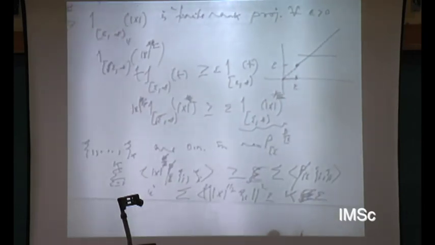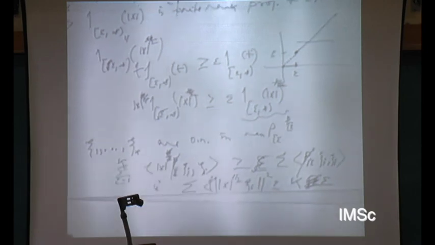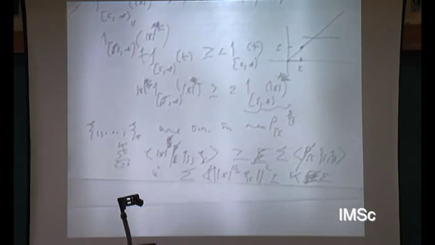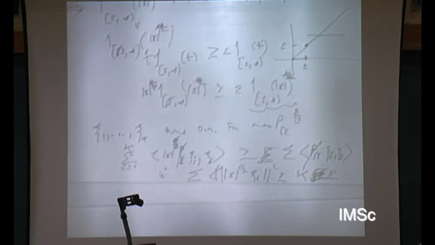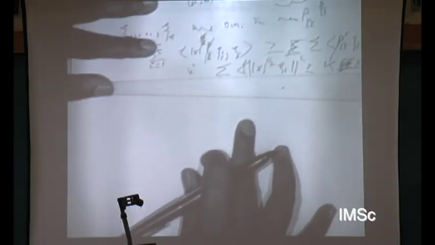Okay, so to try and salvage what I've made a mess of. What I've tried to show is that if I take the indicator function from anything positive to infinity for mod x, then what is this?